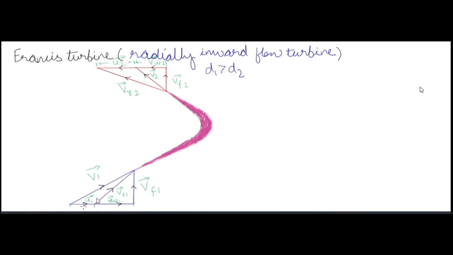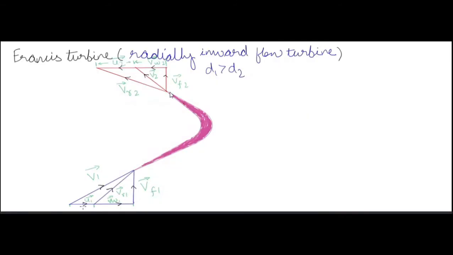Means V1 can be expressed in terms of Vf1 and Vw1, and V1 can also be expressed in terms of Vr1 and U1. Similarly, Vf2 and Vw2 make V2, and Vr2 and U2 make V2. Okay, so this is the velocity triangle.